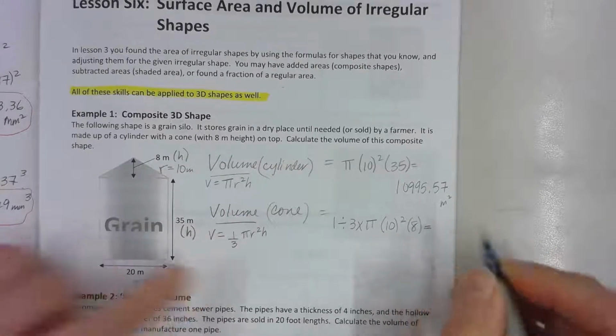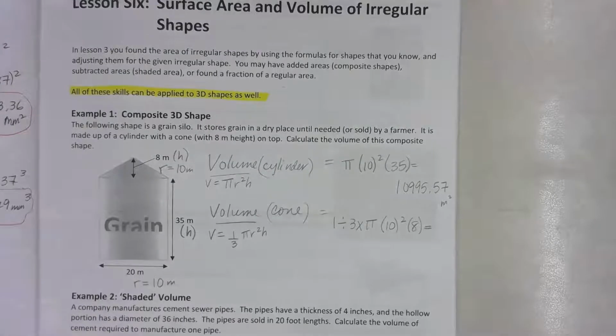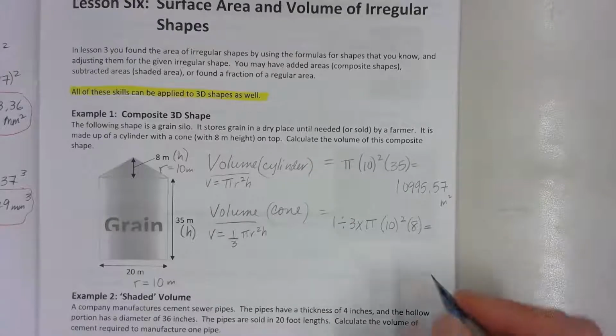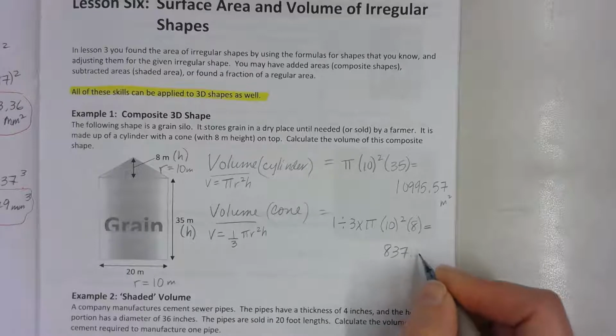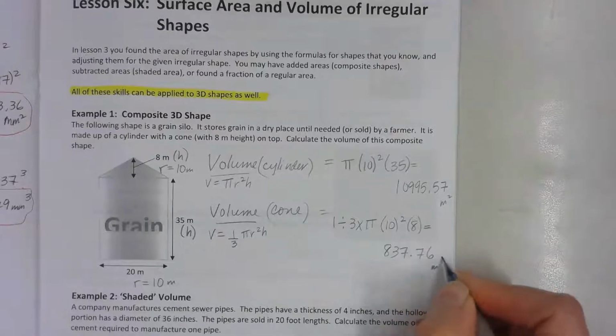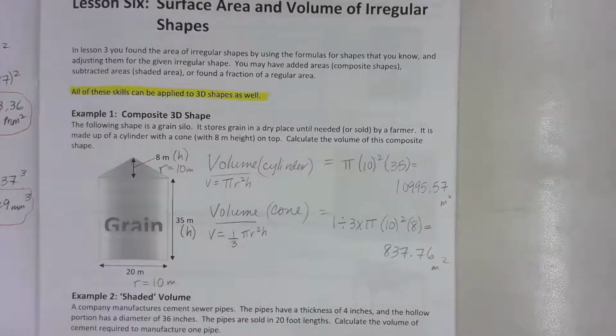Remember the brackets mean times? Okay, and I get 837.76 meters squared. Okay, so now total area.